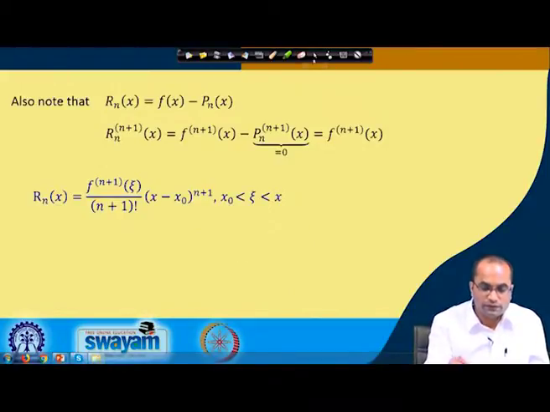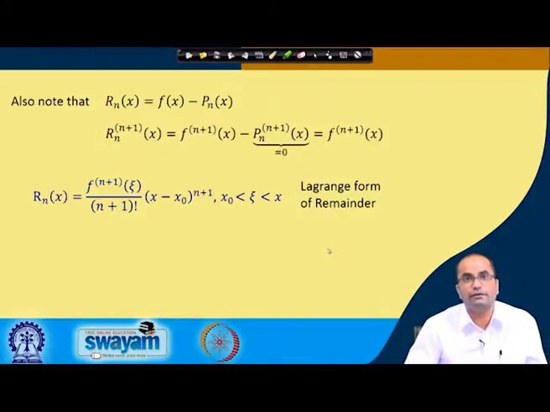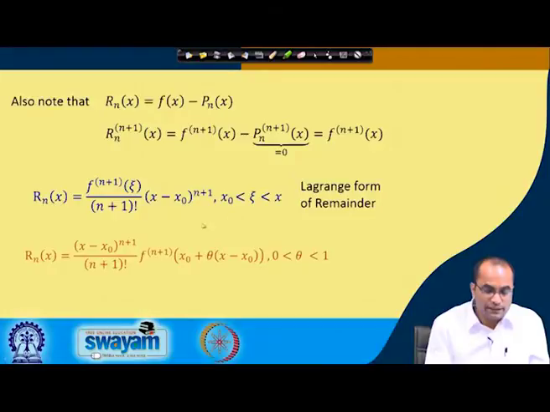Now we got the remainder term R_n(x), which is the Lagrange form of the remainder. We can also rewrite this remainder in another form. The xi which appeared there, we have just replaced by x_0 plus theta times (x minus x_0), where theta lies from 0 to 1.